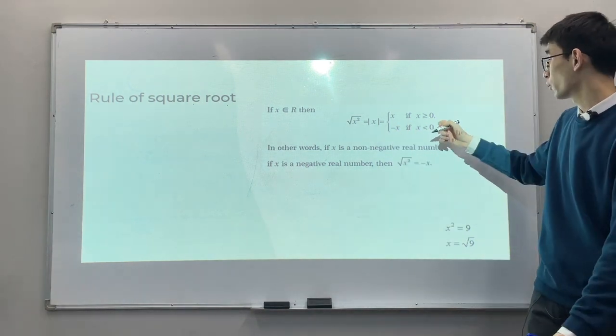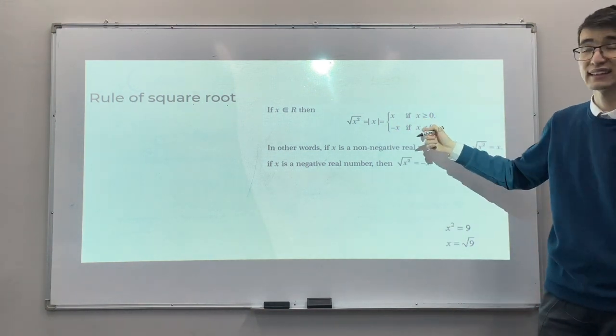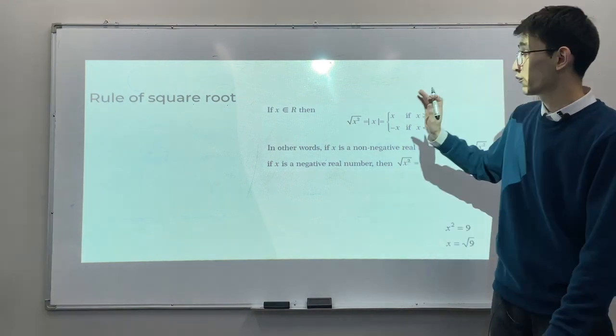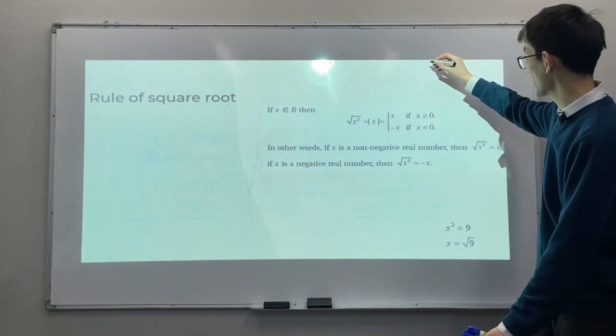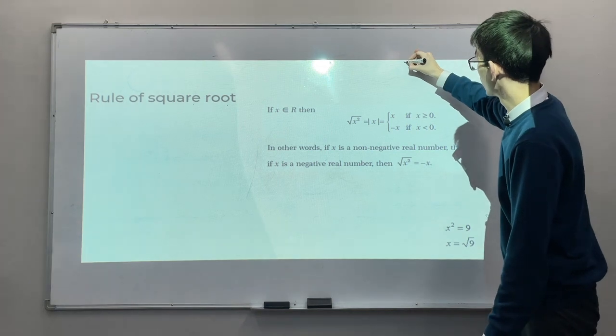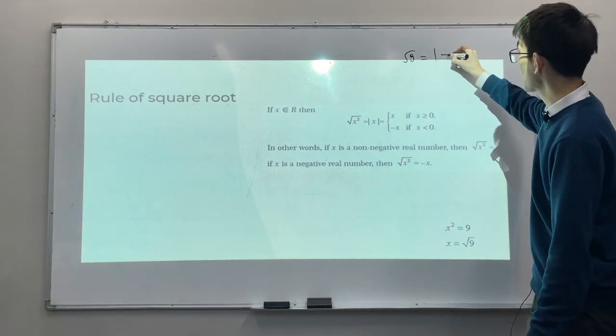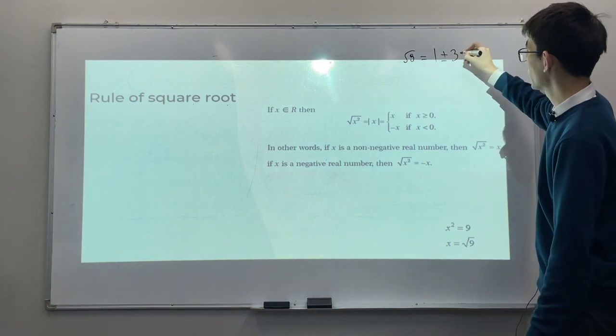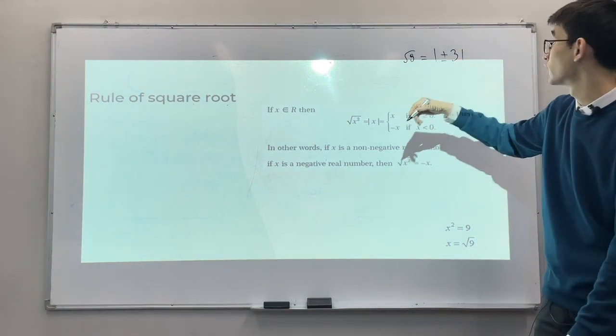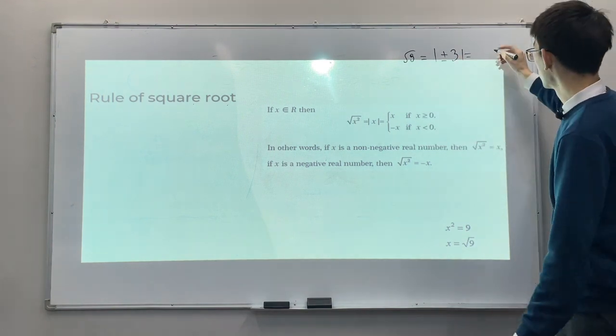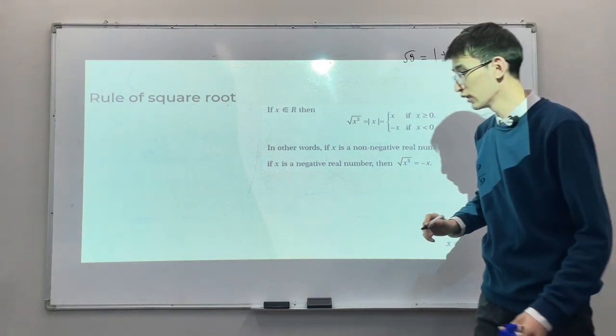The next one, when x is less than 0. For example, the square root of 9 squared is equal to plus minus 3 in modulus, in absolute value. That is equal to just 3.